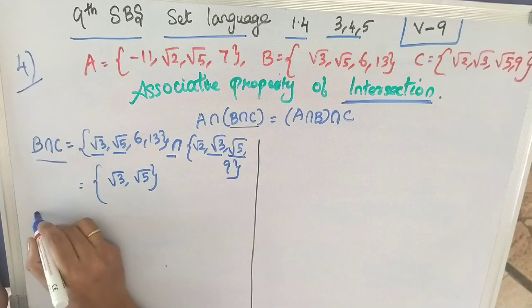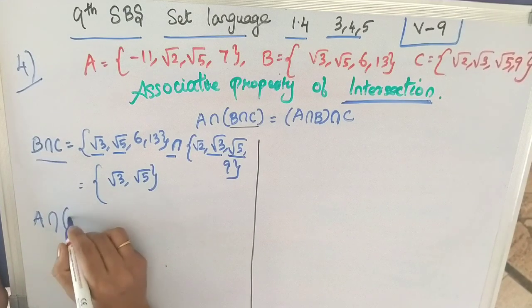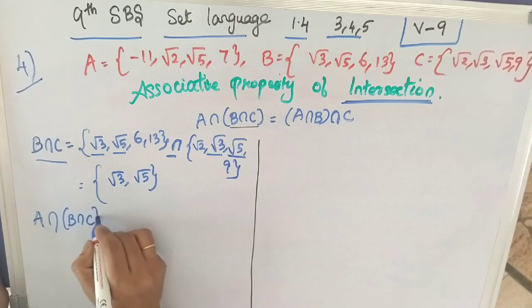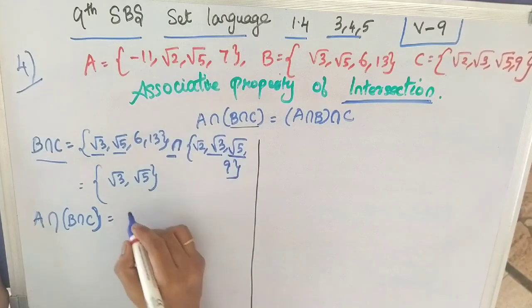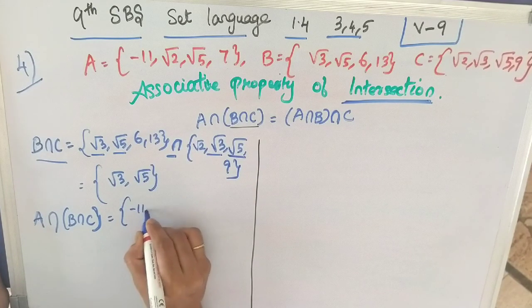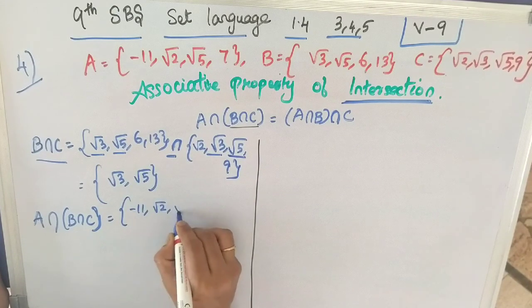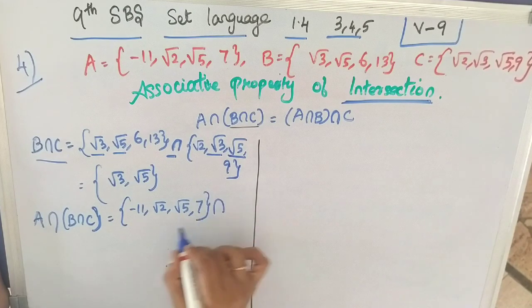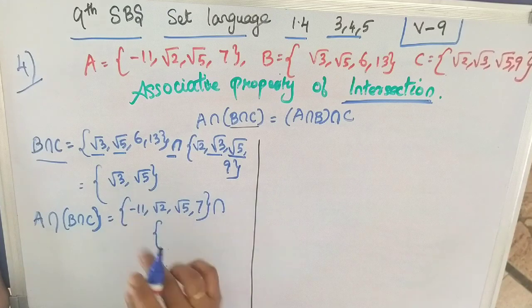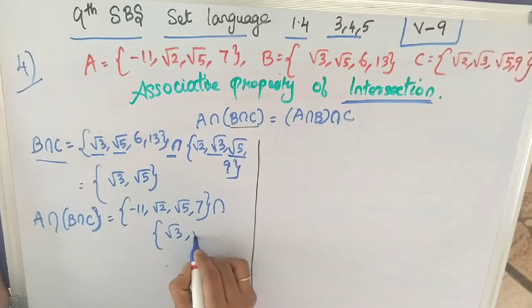Now what is A intersection B intersection C? First write A. What is A? Minus 11, root 2, root 5, 7. Are you following me? Can you able to understand me? Okay. Intersection. What is B intersection C? We have just found, isn't it?